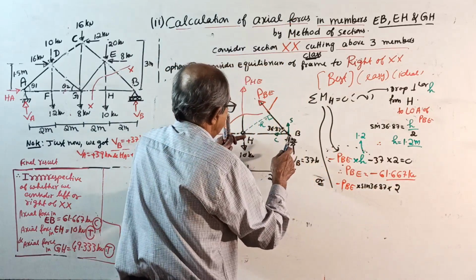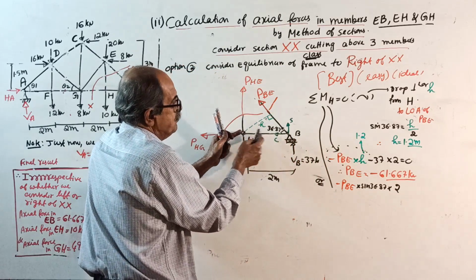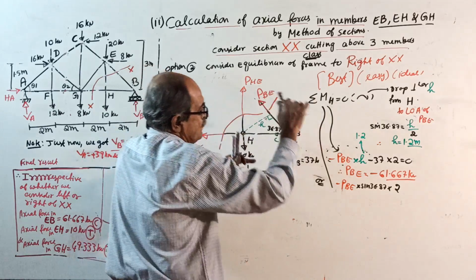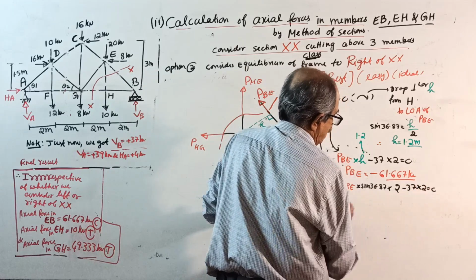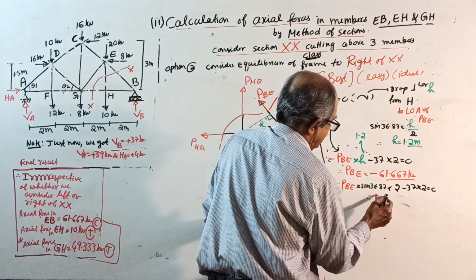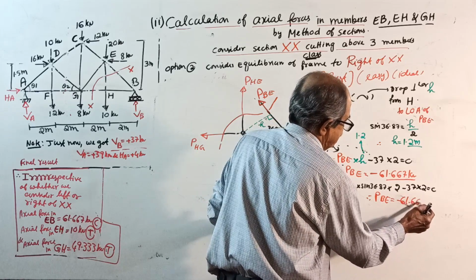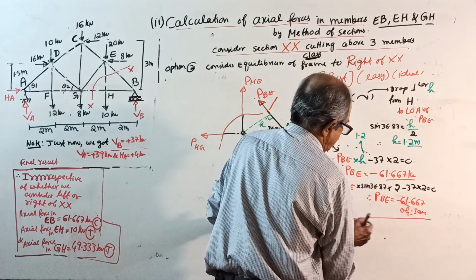The horizontal component will pass through here. You can resolve wherever you want. Then minus 37 into 2 equal to 0, 100%. Therefore this also gives you PBE equal to the same answer, minus 61.667. Same, okay, right.